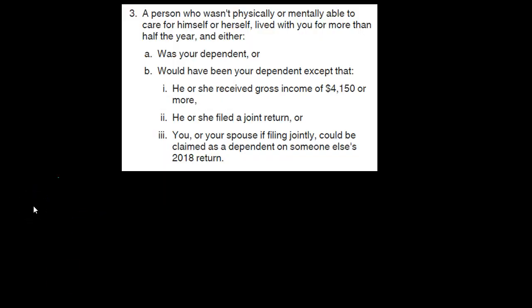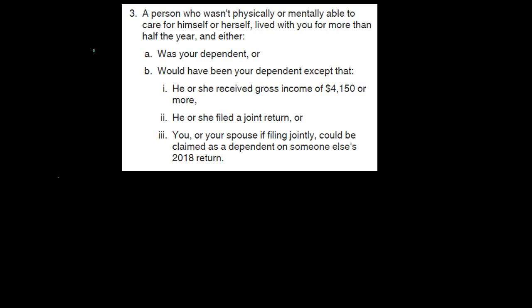Number three, a person who wasn't physically or mentally able to care for himself or herself, lived with you for more than half the year, and either A, was your dependent, or B, would have been your dependent except that 1, he or she received gross income of $4,150 or more; 2, he or she filed a joint return; or 3, you or your spouse, if filing jointly, could be claimed as a dependent on someone else's 2018 return. So again, this would be another kind of unusual case.